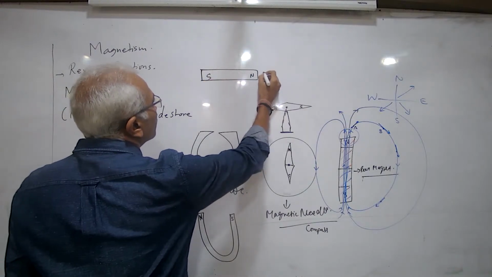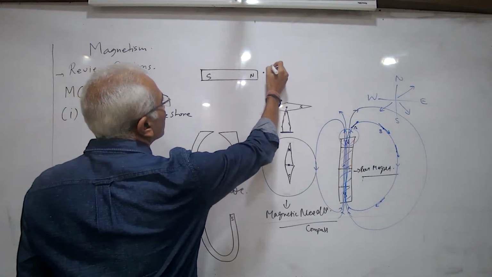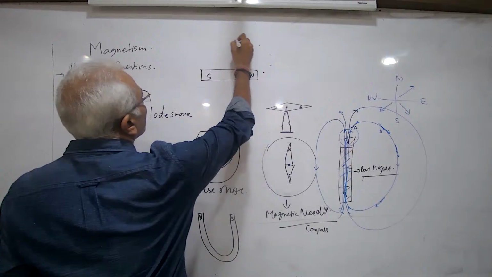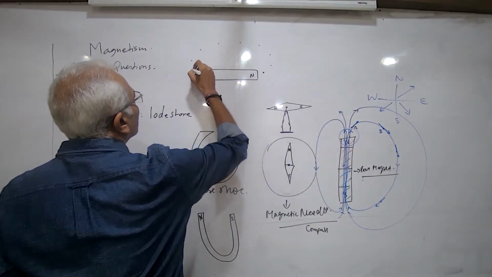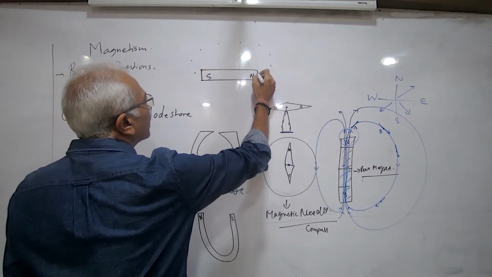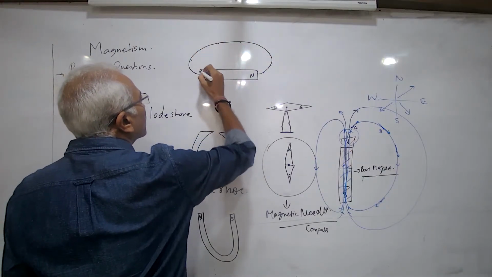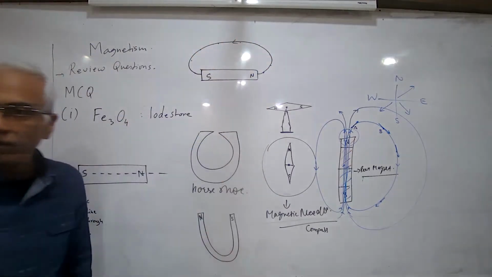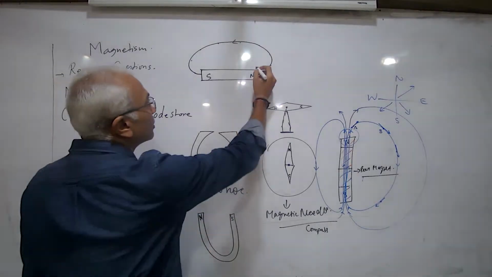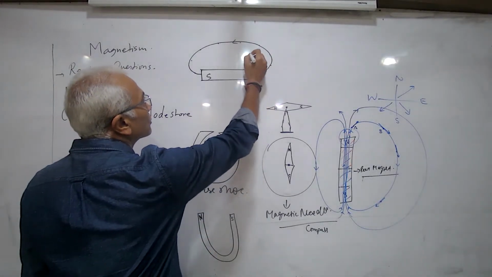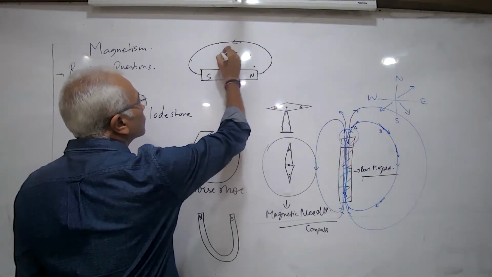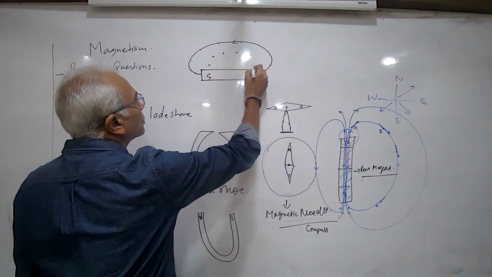You can choose one dot here, then keep marking the dots of the north pole. Then you join them to get the magnetic field lines. This is how you draw. Then the next dot you can take here.